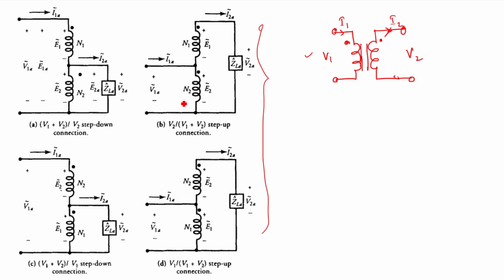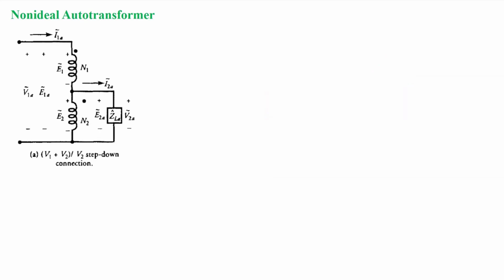Now if we introduce those non-idealities, like the resistance of each winding, the leakage reactance in each winding, and also the core loss component and magnetizing reactance, then how will this autotransformer be represented and what will it look like? Okay, so let us see it one by one, configuration by configuration.